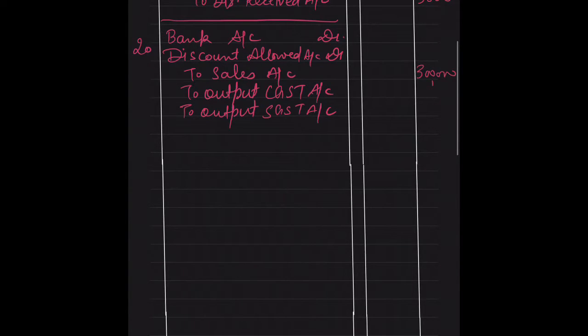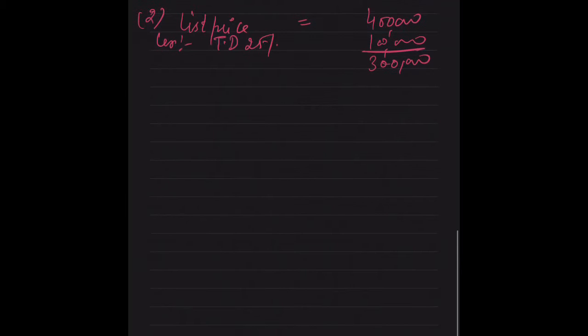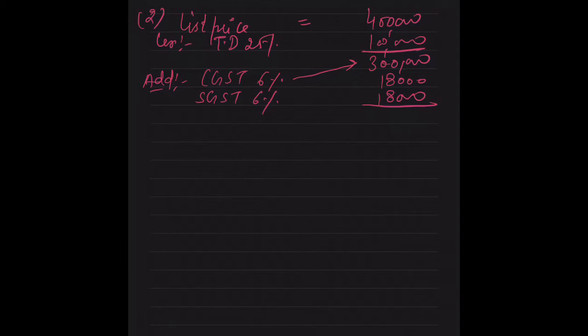Write 3 lakh in sales. Now add CGST and SGST at 6% on 3 lakh: the amount will be 18,000, and the total amount is 3,36,000.